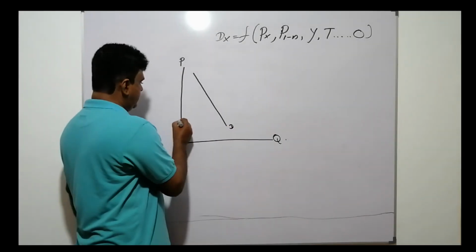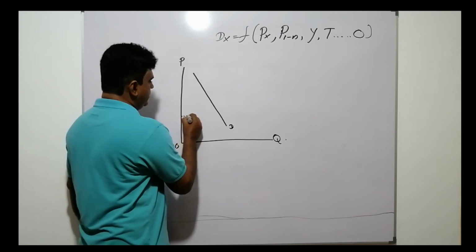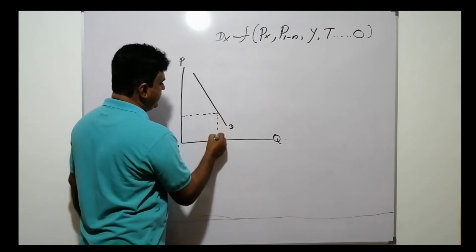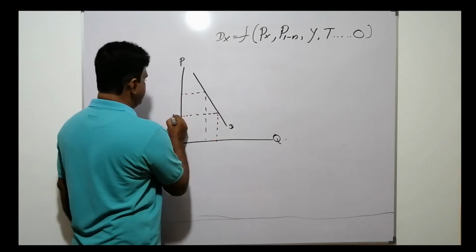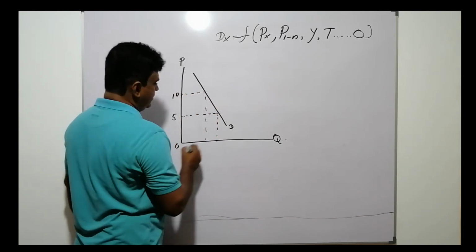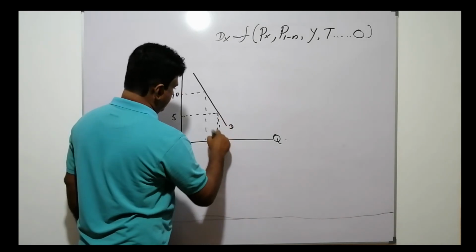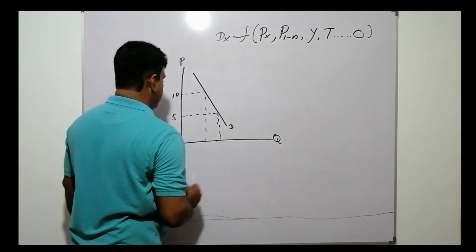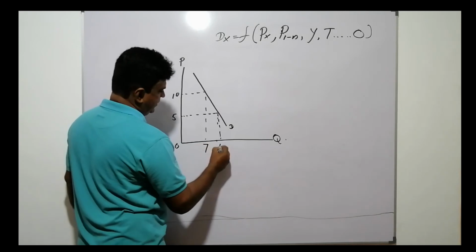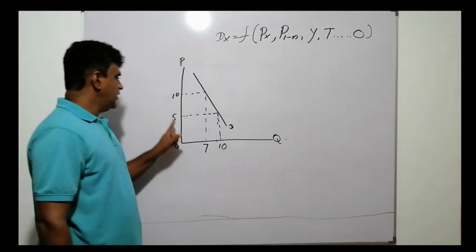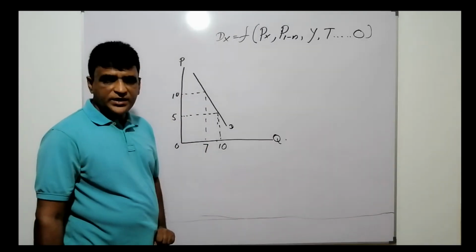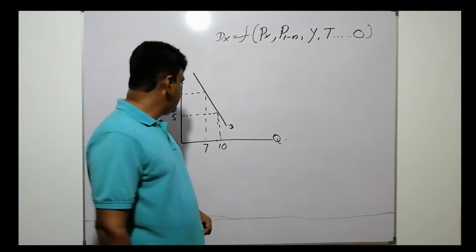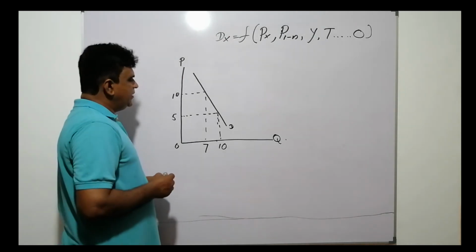One price level is there, another price level is there. We'll say 5 and 10. The quantity, think, this is 7 and 10. Under 5, 10; under 10, 7. Right? Now think.